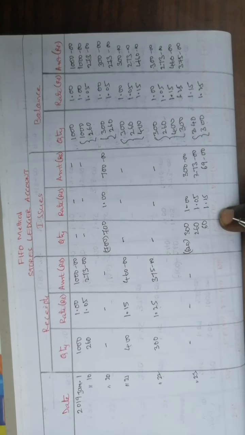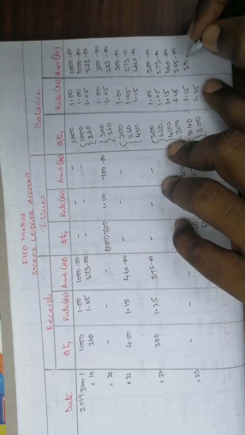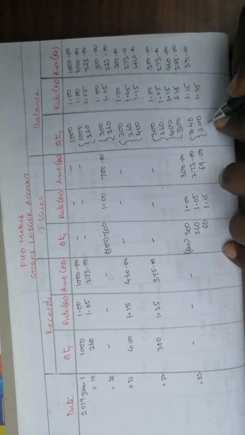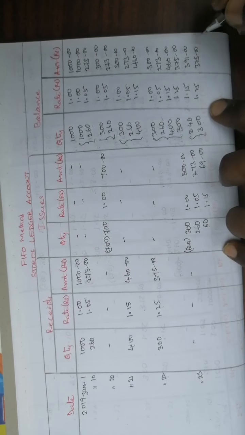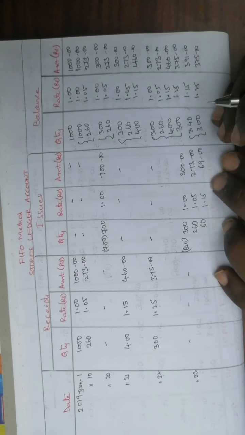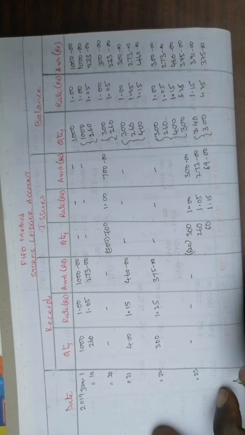So 340 into 1 rupee 15 paisa means 391. Now similarly 300 into 1 rupee 25 means 375, already available. Okay, so these are the balancing figures after January 23rd.